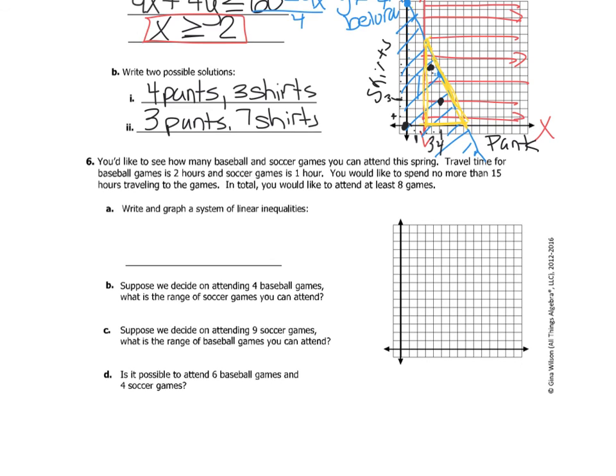What is the range of soccer games? So you would just go to 4 and go into that area of solutions and find your answer. Think of it that way. Remember when we were looking at if X is this, what is Y? That's what you're doing.